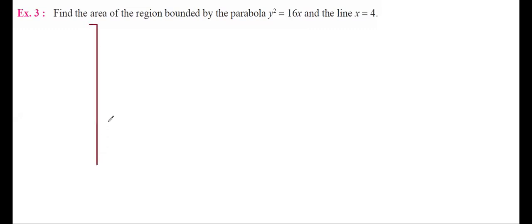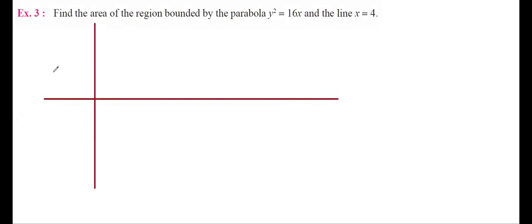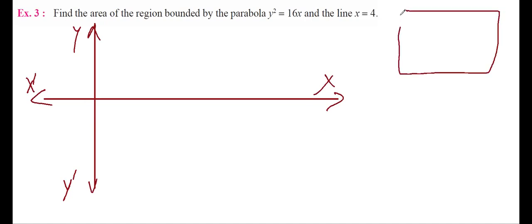So this is the x-axis, and this is the y-axis. Okay, x dash, y dash. Now using a table, this is x and this is y.